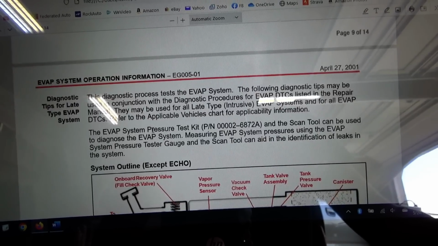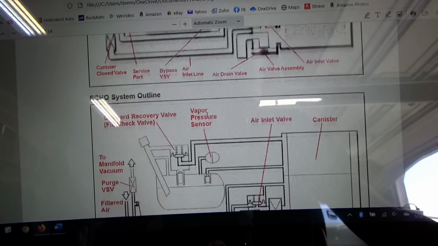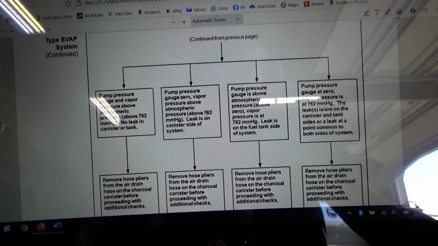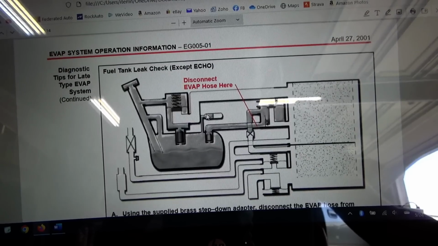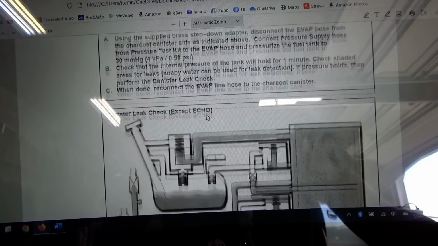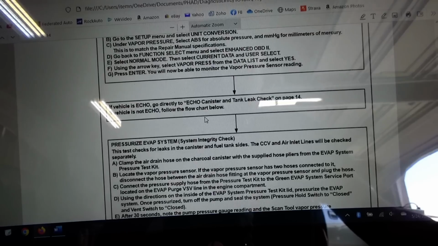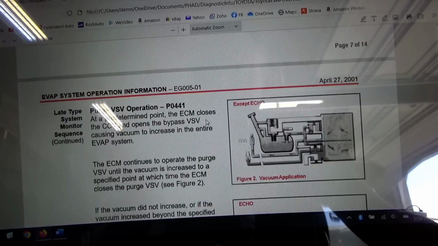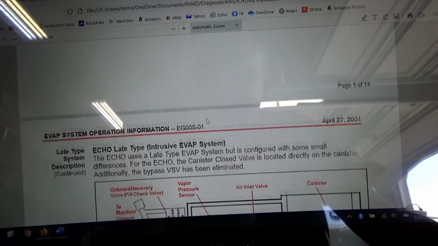Now, system outline. Go through here. I want to see when you're filling the tank, how does this work? Let me find. Should be like tank onboard recovery operation.